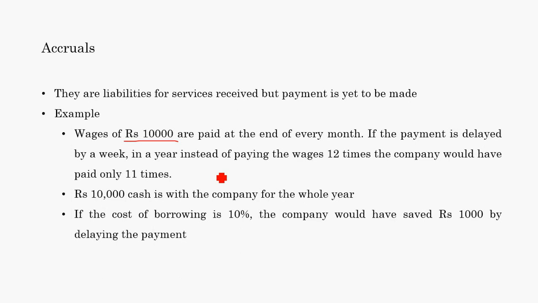Now if you consider the cost of borrowing, let's say it was 10 percent, which means that to borrow 10,000 rupees you would have paid an interest of 1,000 rupees. Now by delaying this wage payment, instead of borrowing, you can use your own cash of 10,000 rupees, which effectively means that you are saving 1,000 rupees by delaying the payments. This is how you can manage your accruals.